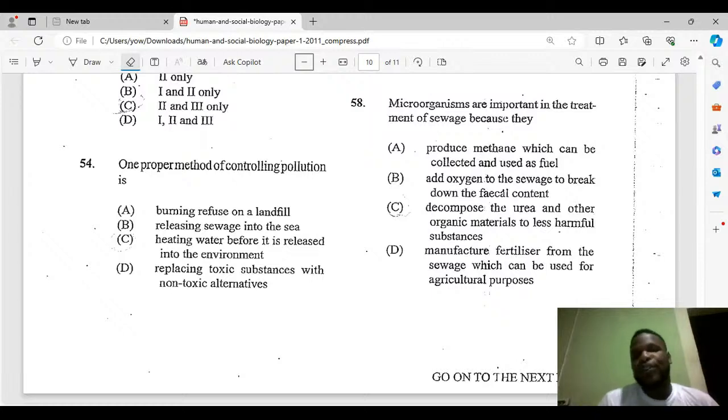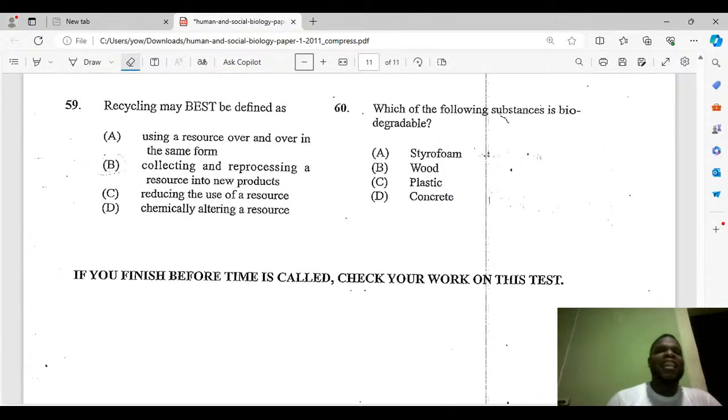For those who don't know, urea is a part of the urine. The urine is made up of 95% water and 5% urea. So it decomposes urea, and urea is protein, right? And other organic materials to less harmful substances. So that's C.